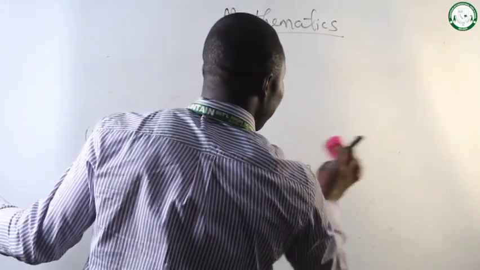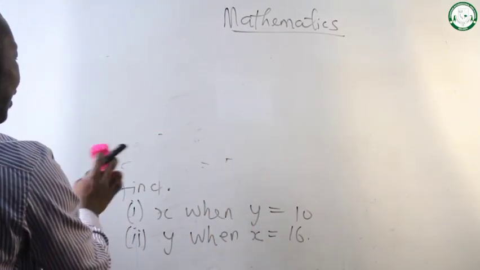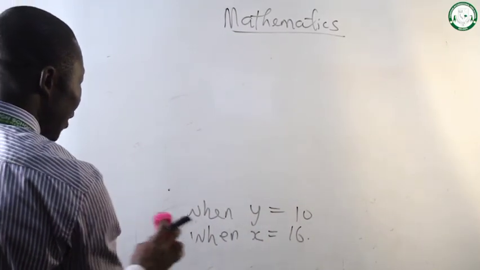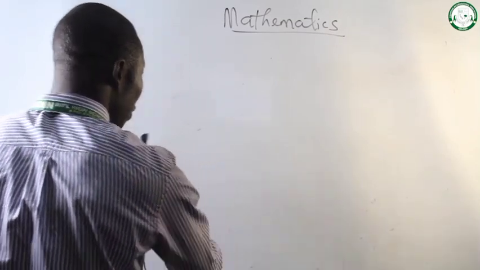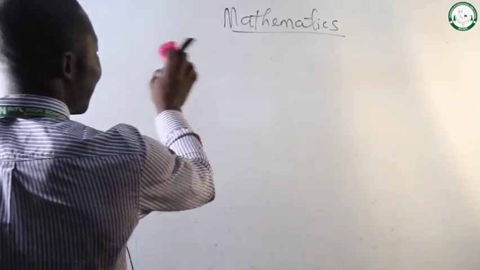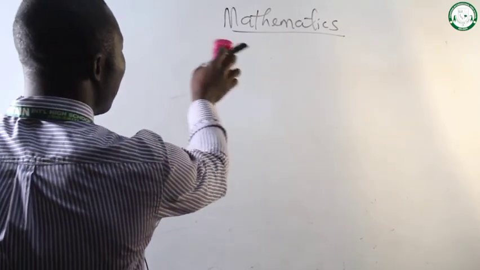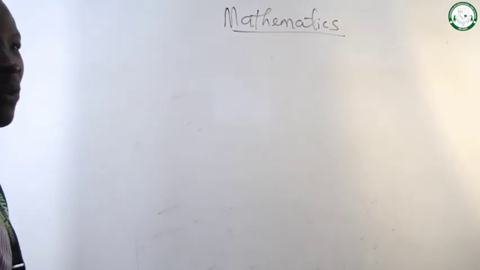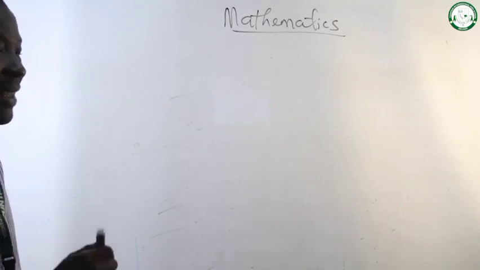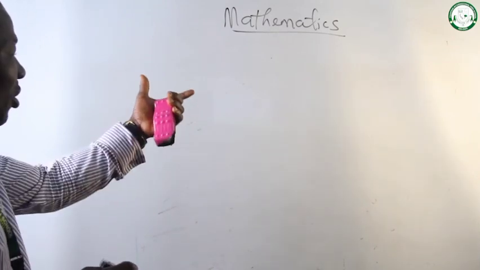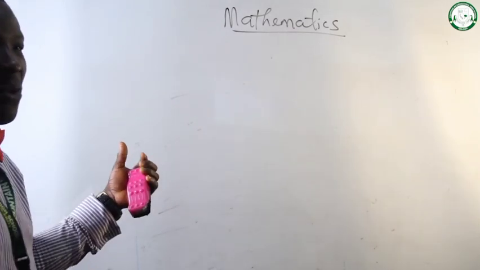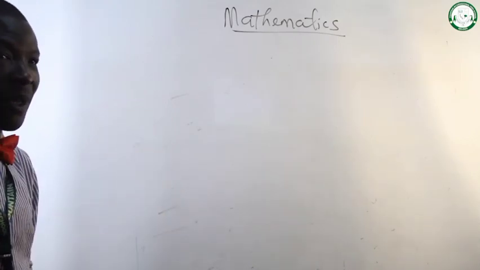Don't forget that in this question, we are not asked to look for the relationship, but we just have to get the relationship, because the relationship will serve as a base to wherever we want to get. If you did not get the relationship, there's no way that you can continue to solve this problem.